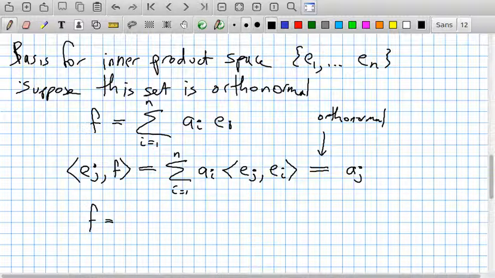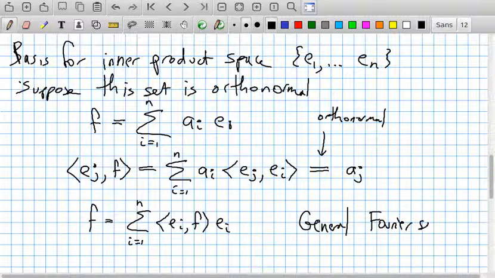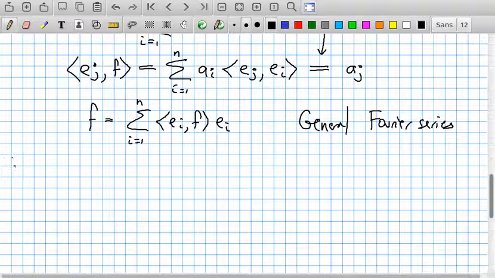So f is that. So that's the general Fourier series. Now this works great in a finite dimensional setting, but what about if n is not finite?